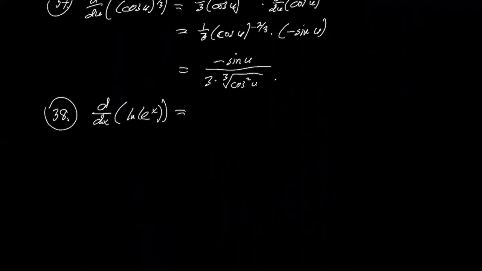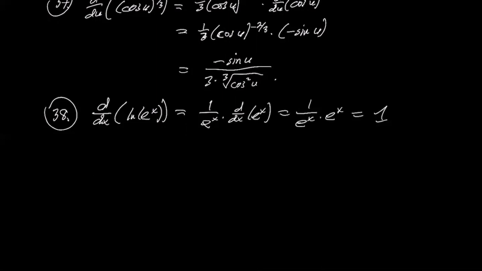Well, the outer layer is a natural log. The derivative of natural log is 1 over, right? So that's 1 over the thing inside times the derivative of the inside. But that's just e to the x again. So we get 1 over e to the x times e to the x, which is really just 1. That's kind of surprising.